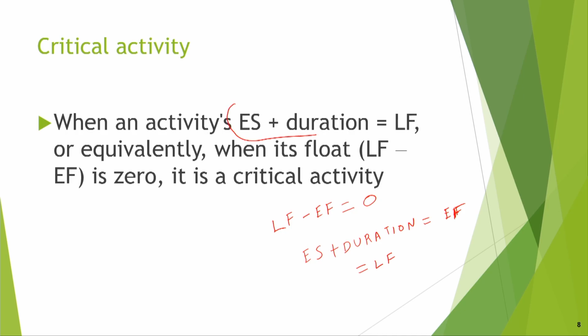Sometimes we can say this also: earliest start plus duration is equal to latest finish. That becomes the critical activity condition, and we know that LF is equal to EF also. So, ES plus duration is equal to LF under that condition, because ES plus duration is equal to EF, that is always there.